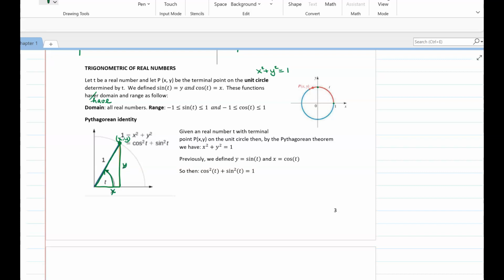By the Pythagorean theorem we have x squared plus y squared equals 1. Previously we defined y equals sine of t and x equals cosine of t. This means we have cosine squared of t plus sine squared of t equal to 1.